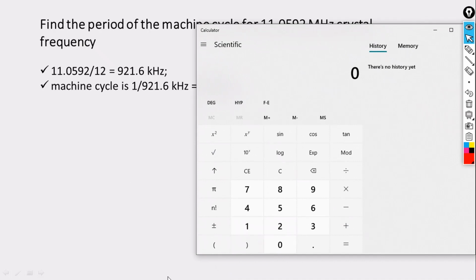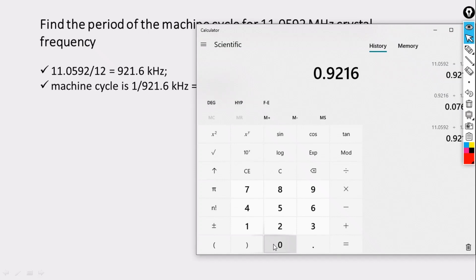Now if I divide 11.0592 by 12, then one machine cycle frequency will be 0.9216 megahertz, that is 921.6 kilohertz.